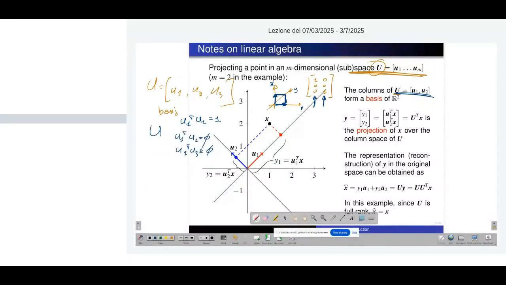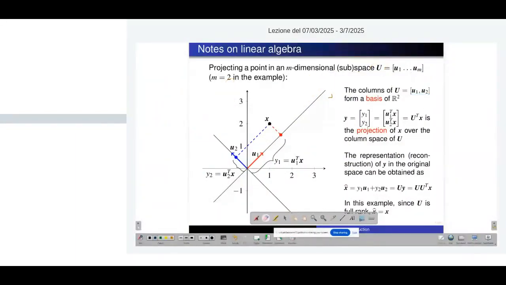Now, how do I generalize my projection from a generic space to a subspace defined by U? Well, here in the example, it's not really a subspace because we go from a two-dimensional to a two-dimensional space. Why? Just for drawing reasons. Showing it from 3D to 2D would be much more difficult. If I have an initial space that is two-dimensional, then I can either go to one dimension or not reduce at all and stay in 2 dimensions.